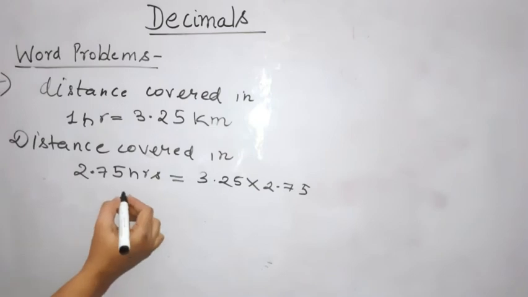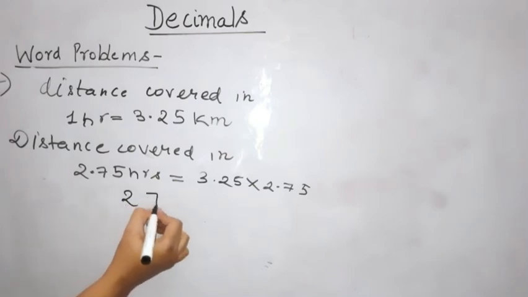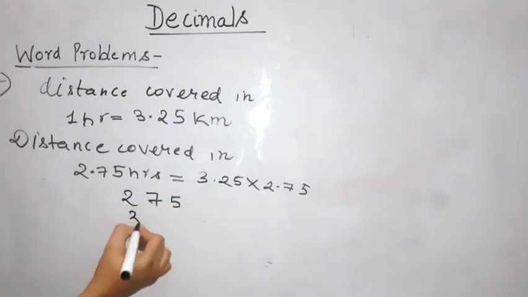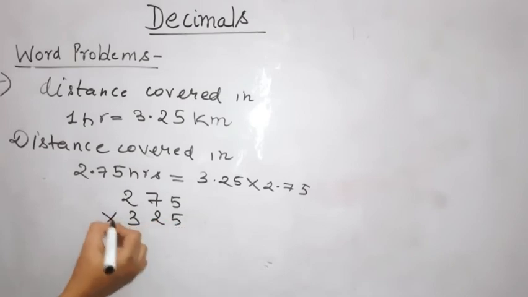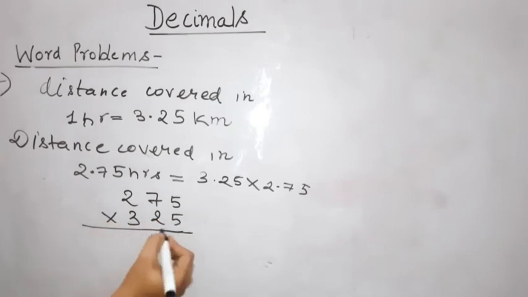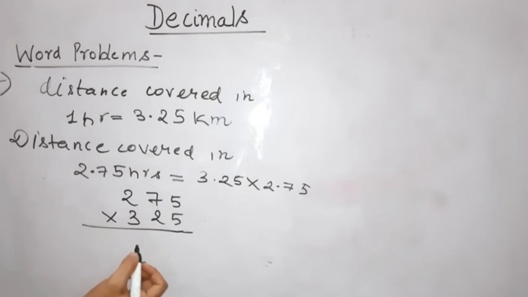So as I have explained you, while multiplying the decimal number, just remove the decimal point and simply multiply them. After completing the normal multiplication process, you just have to count the total number of digits after the decimal point.